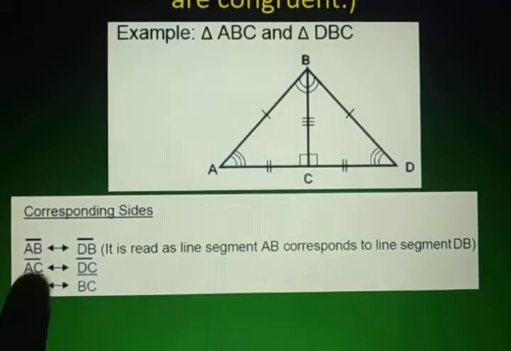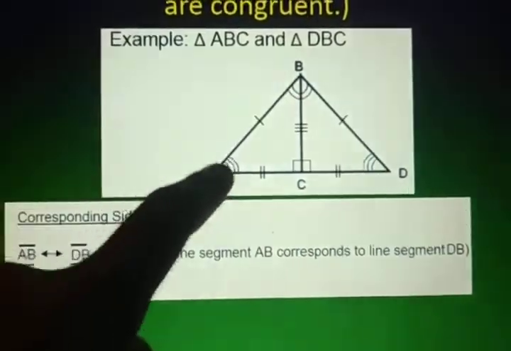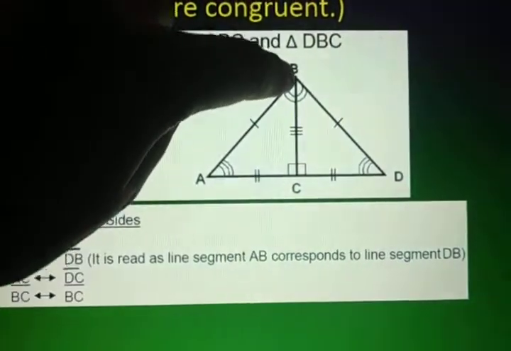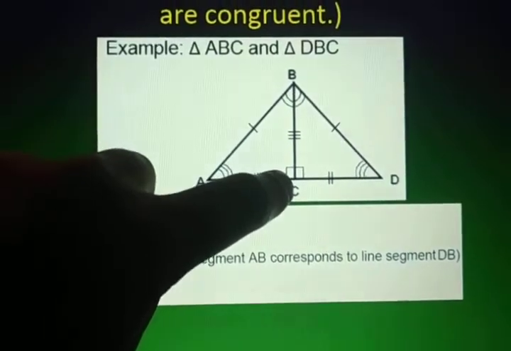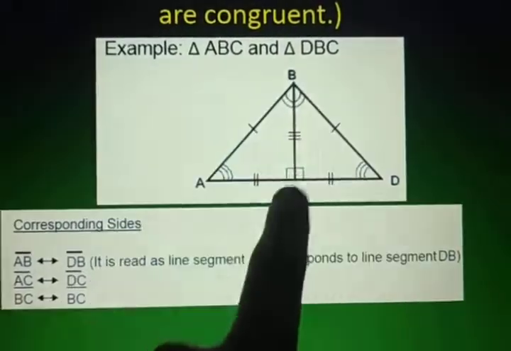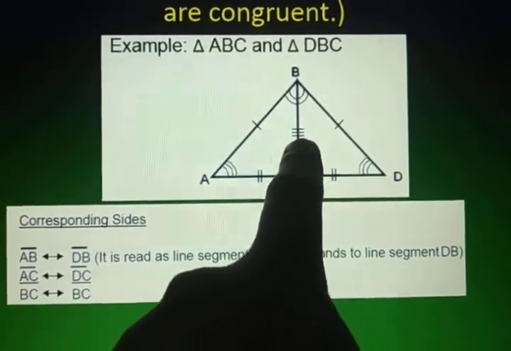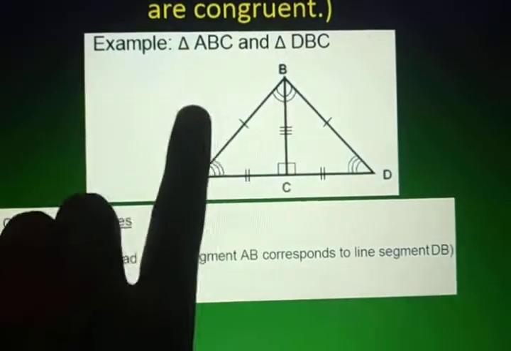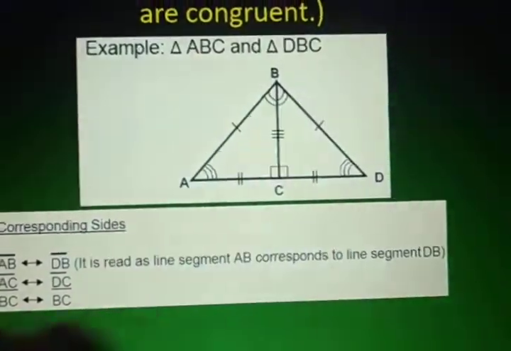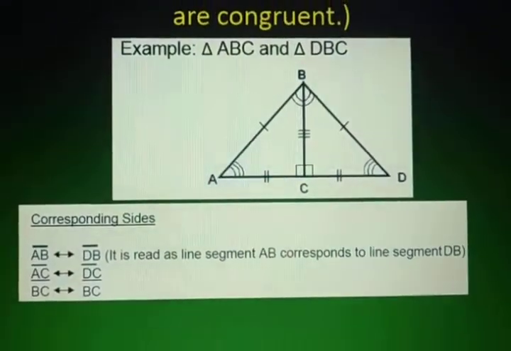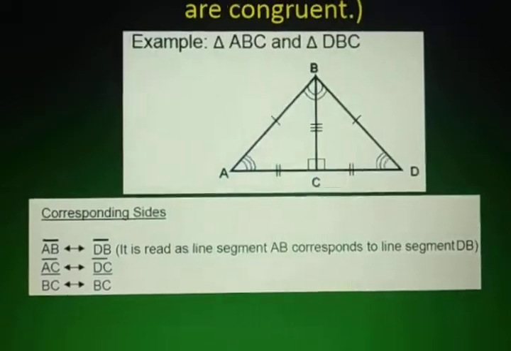Don't be confused by the pair BC, BC. The first triangle has this third side, line segment BC, and the other triangle also has a line segment BC. If you notice, there are 3 marks only once, because if you draw this separately, each triangle has its own BC. Very easy, right? That's for the sides.